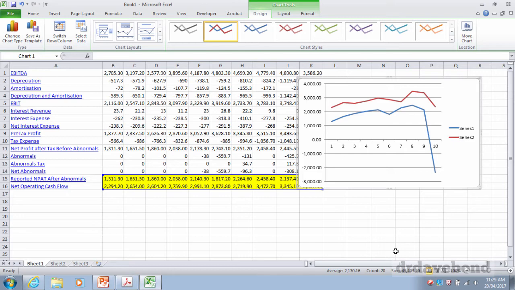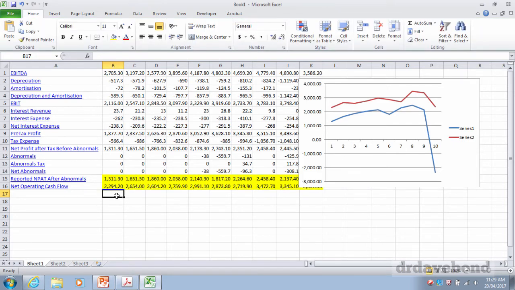But just to show you how big a driver depreciation is in all of this, I'm going to get profit and add back depreciation and amortization.